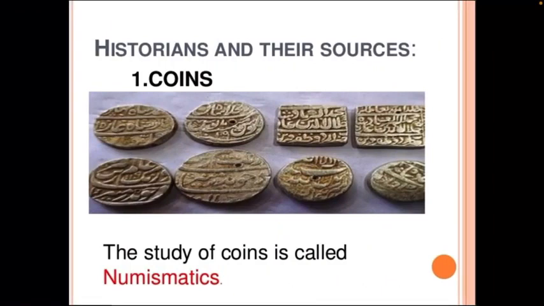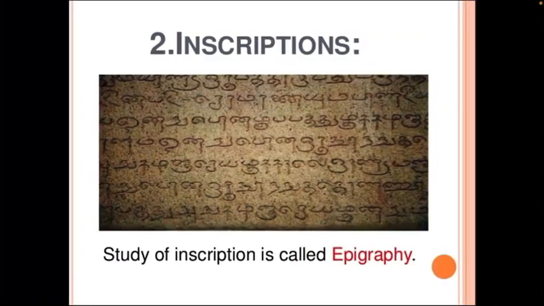Historians and their sources. That means the sources through which the historians studied about history. The first one is the coins. The study of the coins is called numismatics. They used to study these coins, which tell about the period they belong to. Second is the inscription.